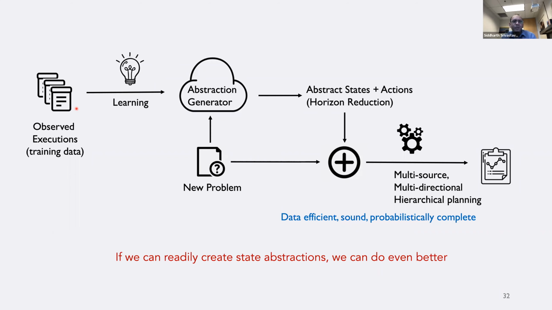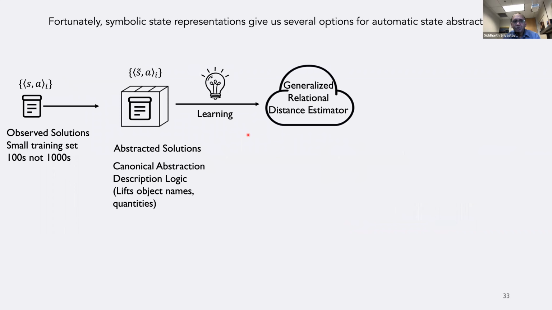Now, it turns out that if you can readily create a state abstraction so that you don't need this piece of the puzzle, you can do even better. We can do this, for instance, in symbolic planning problems, where you express a state using a relational model.